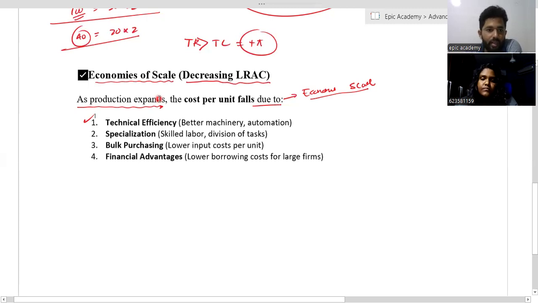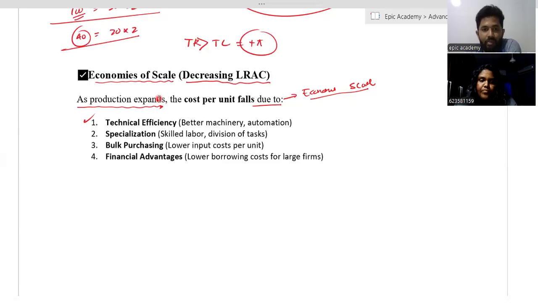And the financial advantages. Lower borrowing cost for large firms, isn't it? Yes. If I am going to borrow some ingredients from small-scale industries, the cost can be increased.